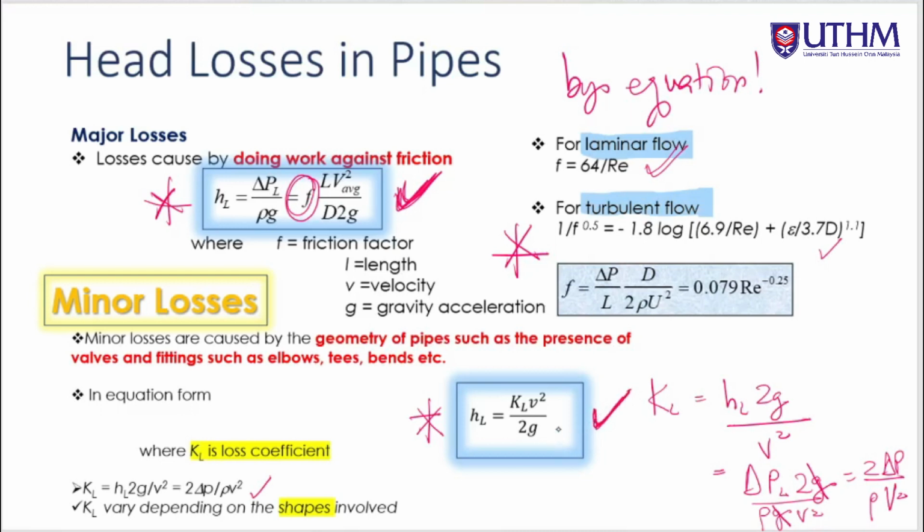Okay, in which KL is a loss coefficient. Loss coefficient ni yang kita akan cari, and depends on situations lah. KL maybe berbeza-beza. And KL ni pun actually kita boleh simplify by replacing this head loss ni, HL equals to delta PL over rho G ni, inside this equation.